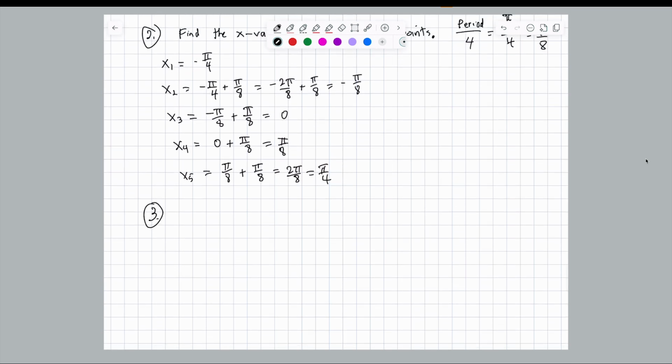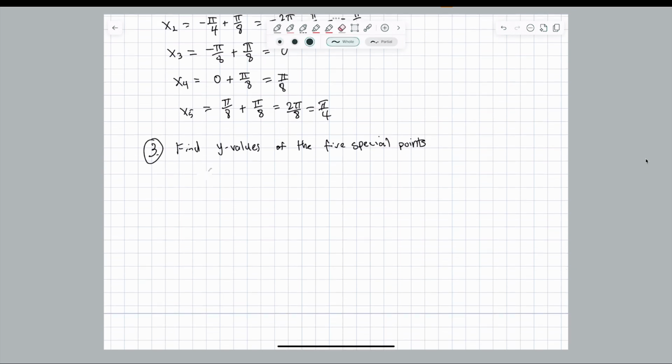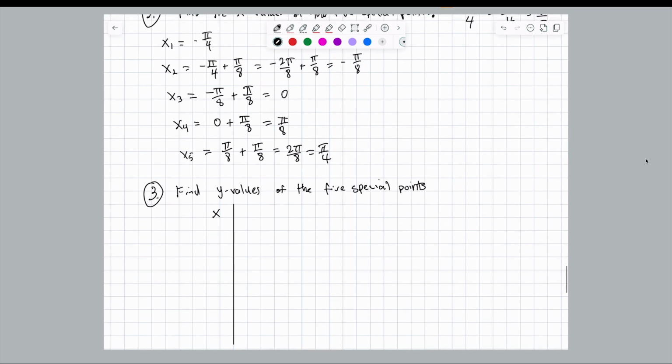So then we need to find the y values that correspond to these x values, the y values of the 5 special points. Let's create a table to do so. Our first x value was negative pi over 4.